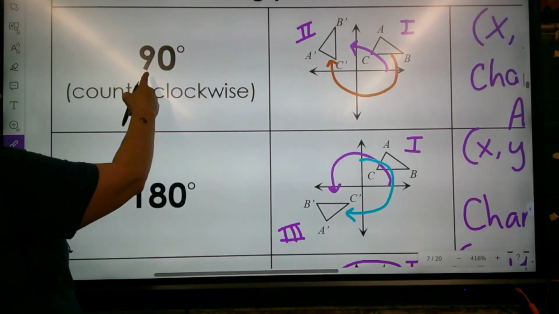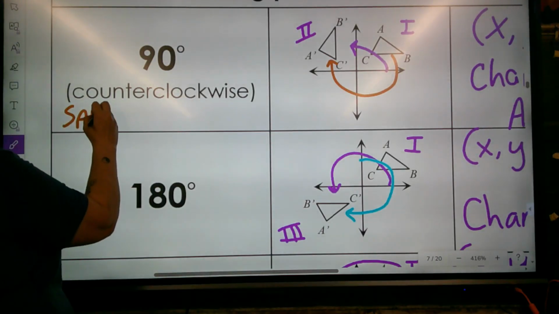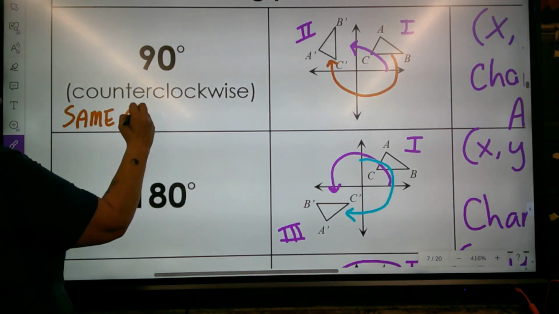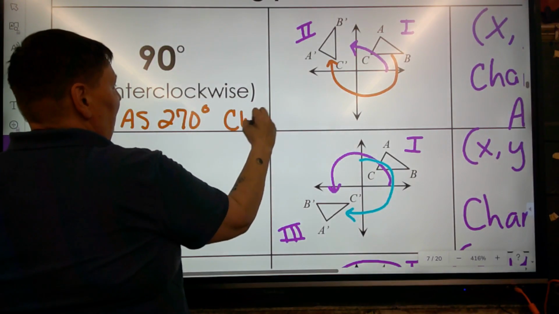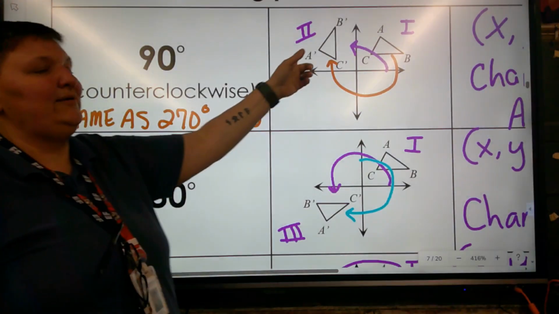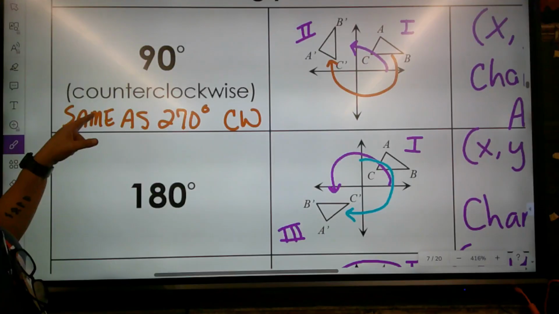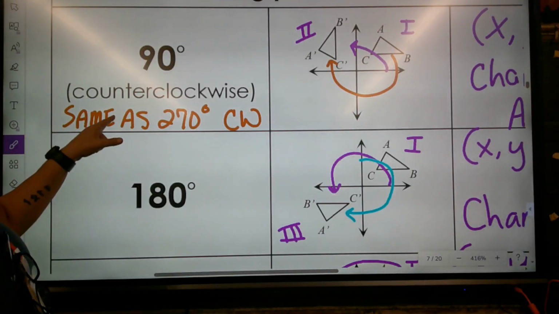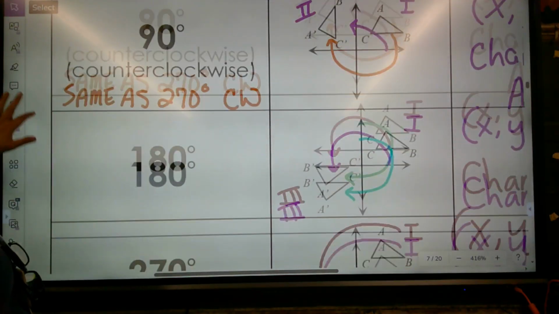That means that 90 degrees counterclockwise is the same as 270 degrees clockwise. They have the same rule, the same function. They get to the same location. So whatever rule works here also works here, because they end up in the same place, right?